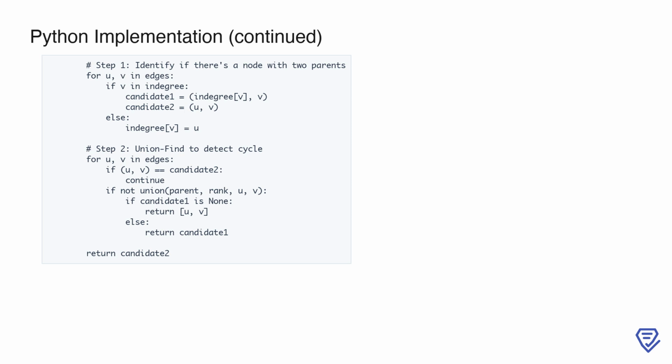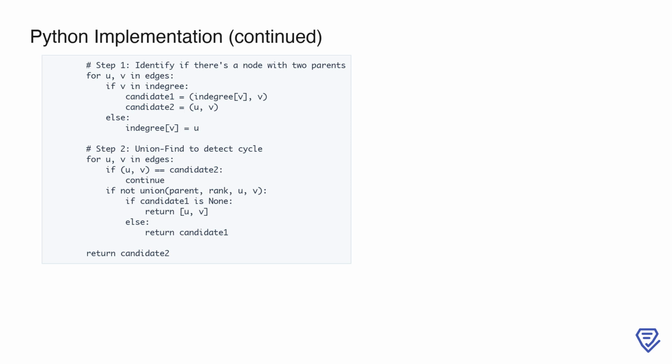If it does, this means the node has two parents, so we store the conflicting edges in candidate1 and candidate2. Otherwise, we update the in-degree dictionary with the current edge. Next, we use the union find structure to detect cycles while iterating through the edges again. If the current edge is the same as candidate2, we skip it temporarily.